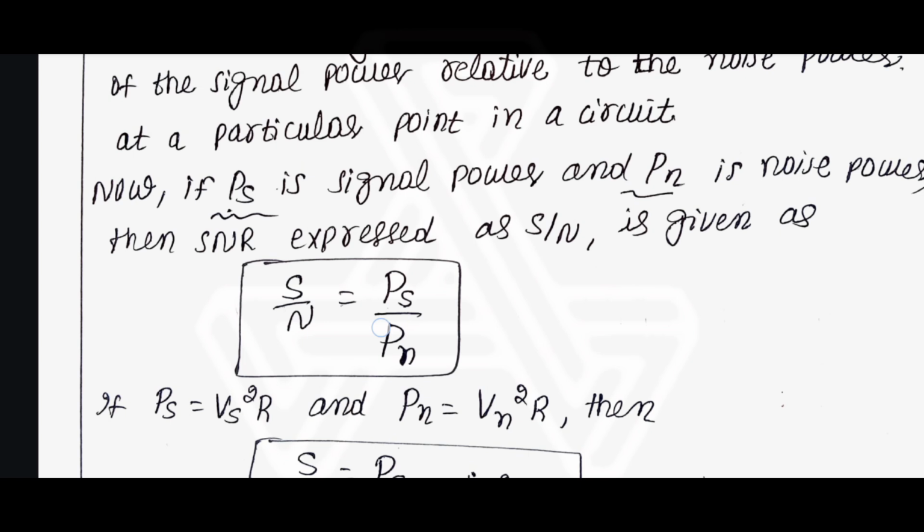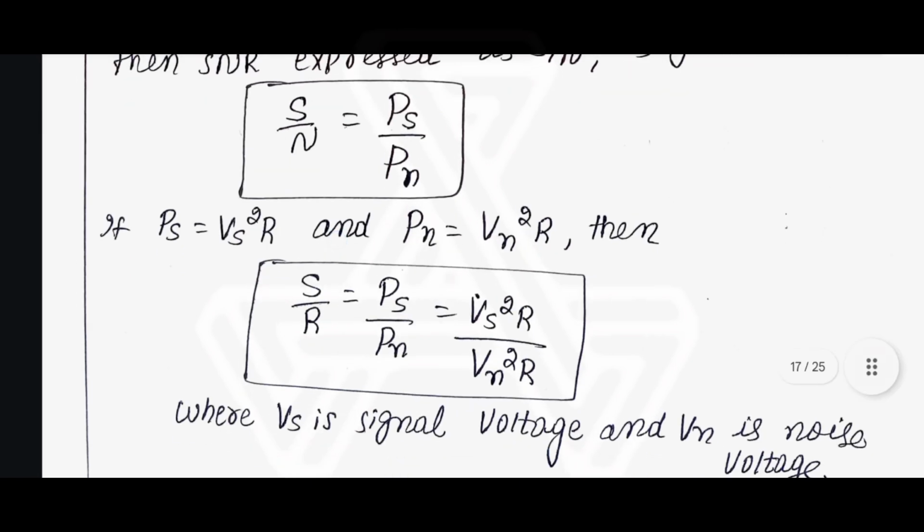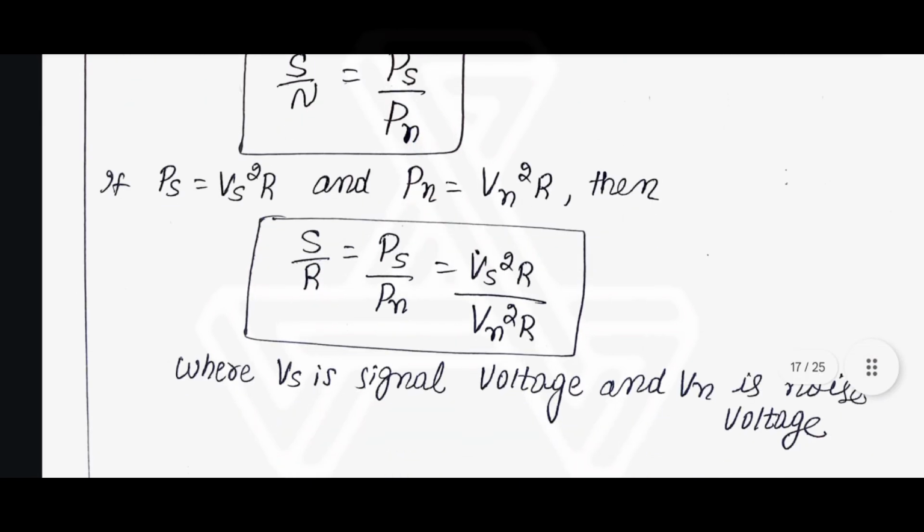Ps = Vs squared by R and Pn = Vn squared by R. Then S by N = Ps by Pn = (Vs squared by R) by (Vn squared by R), where Vs is the signal voltage and Vn is the noise voltage.